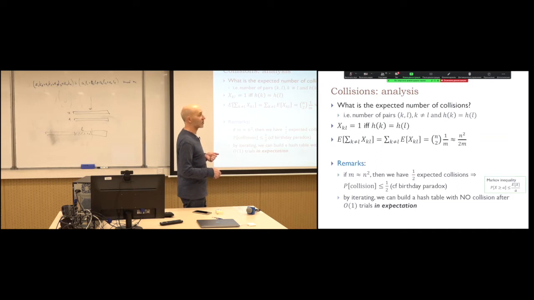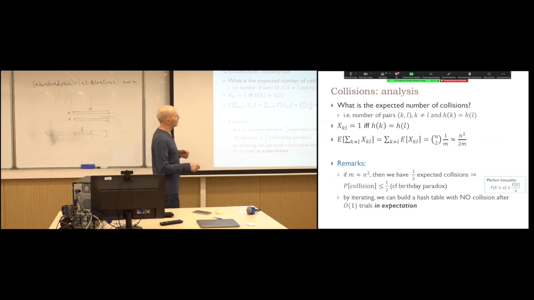And this explains the birthday paradox, because in the birthday paradox we have m equals 365, the number of days, and n is the number of people. If n is roughly square root of m, and 23 is very roughly square root of 365. Well, actually the square root of 365 is less than 23, but roughly the same order.